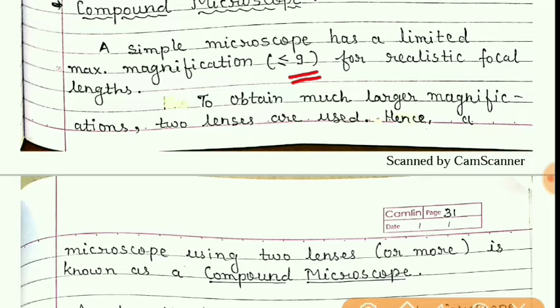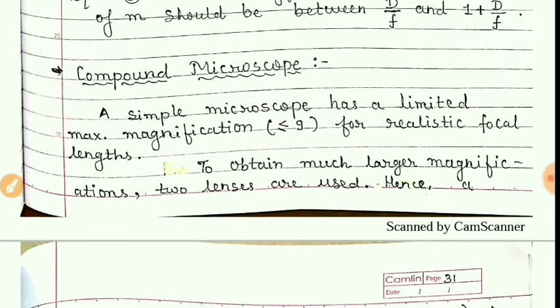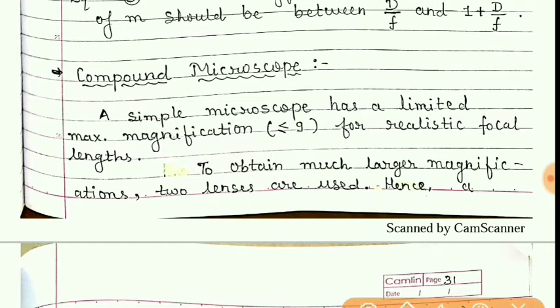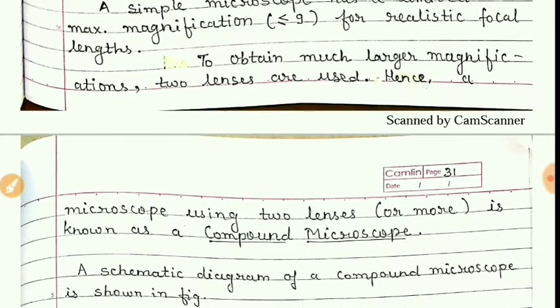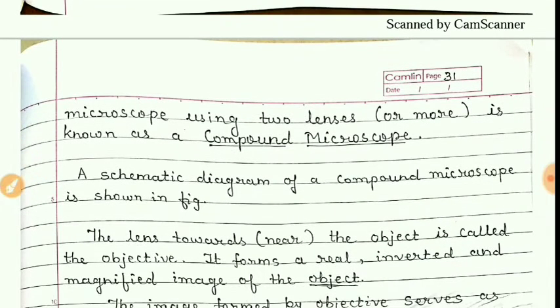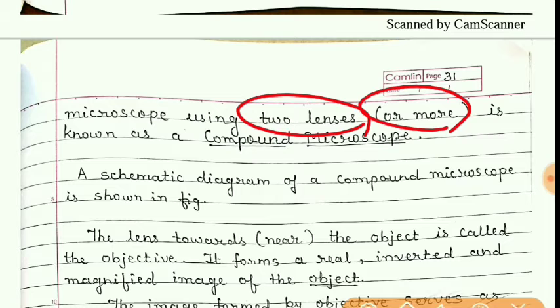Now what is to be done to get magnification even more than this value? For that we have to use a compound microscope. A compound microscope consists of two lenses, or sometimes more, but here we will consider a two lens compound microscope.